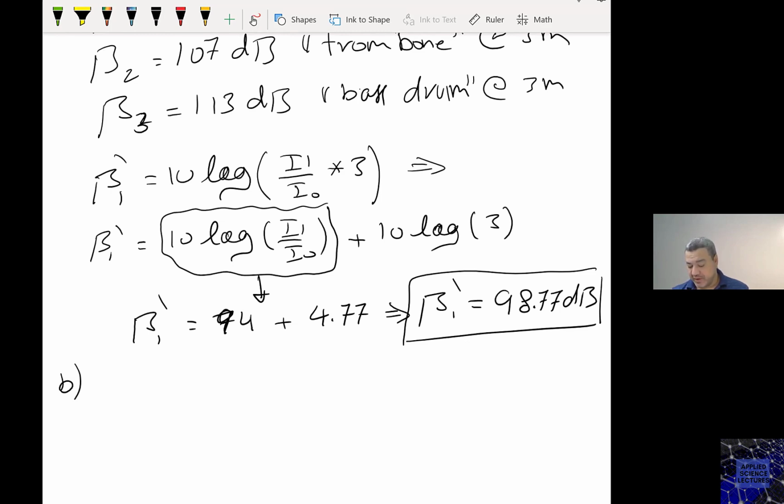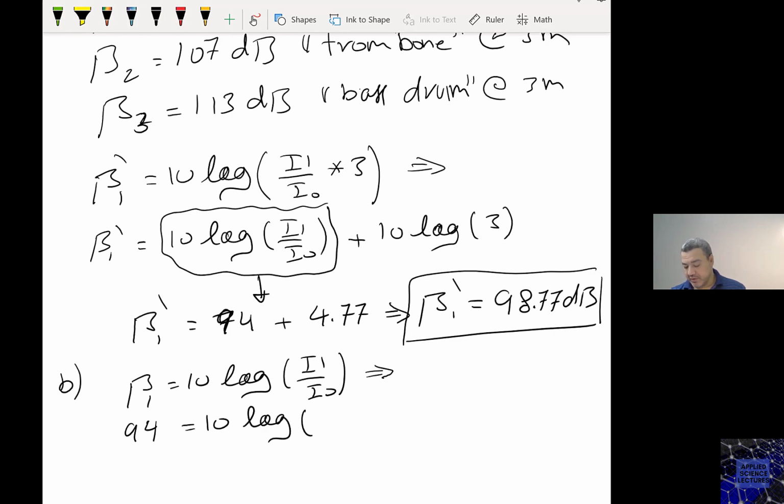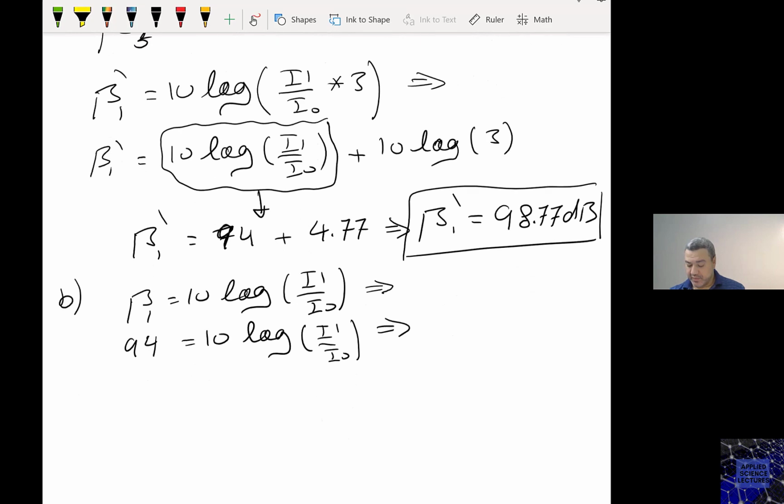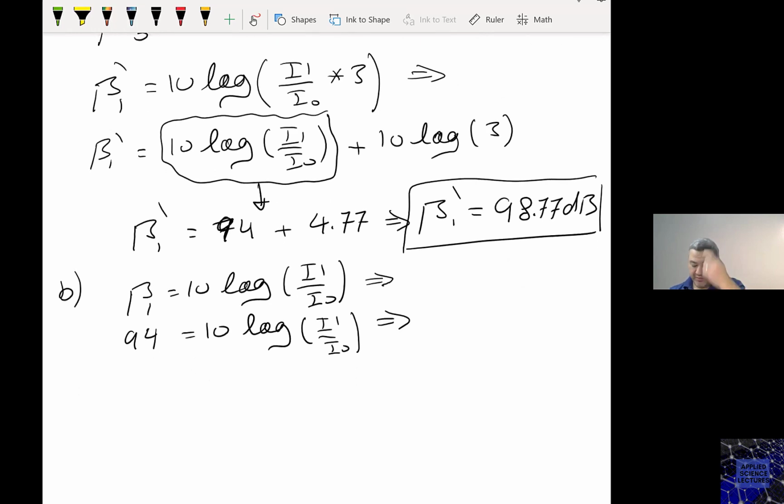Well, basically here I know beta 1 equals 10 logarithm I1 over I0, and then beta 1 is 94. 10 log I1 over I0, and then if I divide by 10, then I get 9.4.